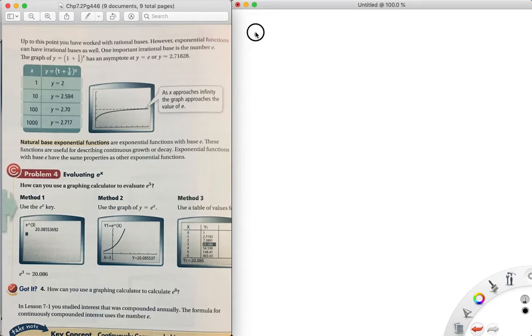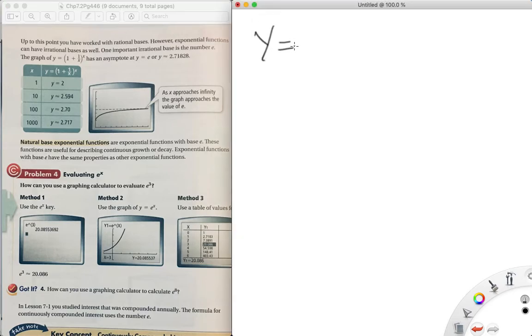Let's talk about a standard equation. y equals 1 plus 1 over x, a growth equation. Actually, think of it this way. Let's say I have $1. I'll write it as a circle.